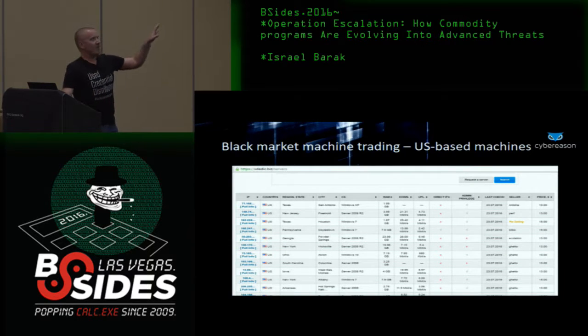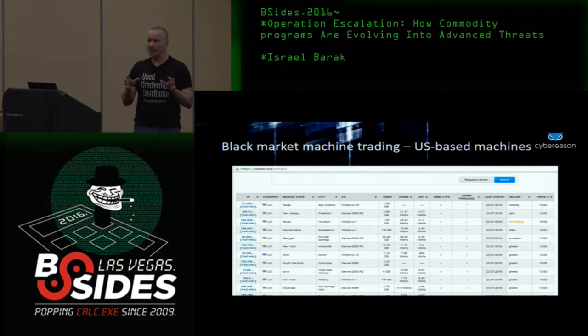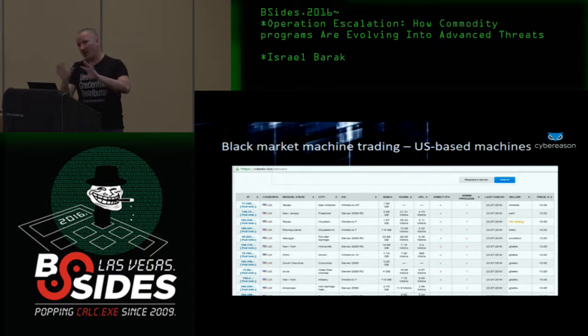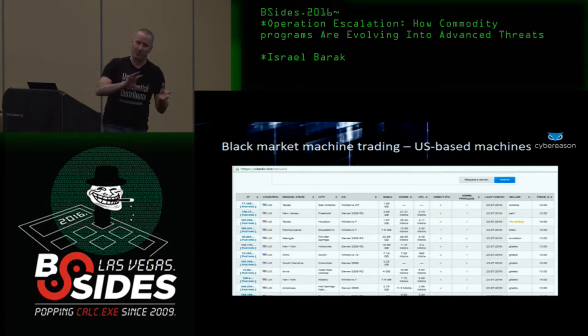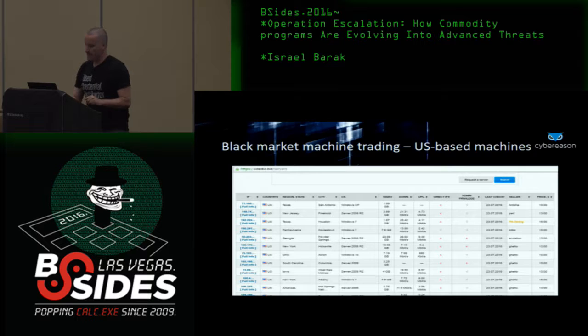When you filter all the machines that they have worldwide into US machines only, well, about a week ago, this filtered to about 15,000 machines in the US. And it's a combination of servers and endpoints. Endpoints are about 15 to 20% of that. The rest are servers. A big mass of that would be on cloud providers, AWS, Azure, IBM, Rackspace.